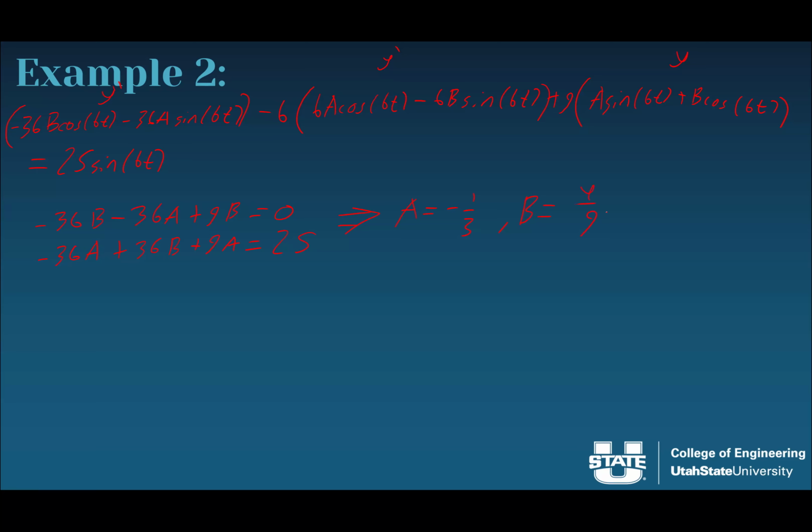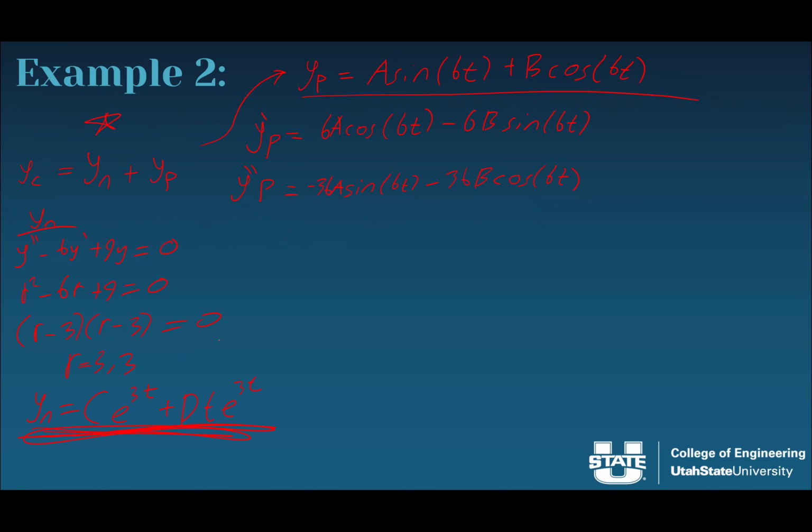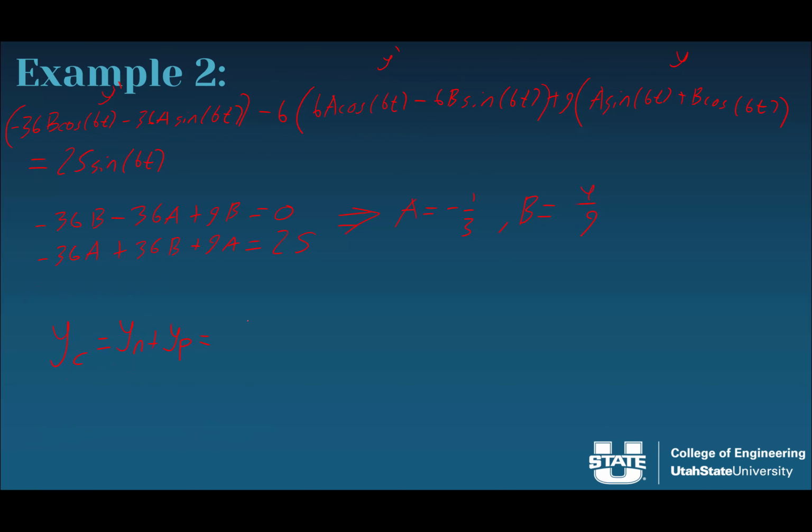That's our solution. So then when we find our complete solution, our final answer is going to be our y null plus our y particular. Our y null solution, if we go back a couple slides, is equal to c e to the 3t plus d t e to the 3t, and then plus our particular solution, which we have our a and our b now.